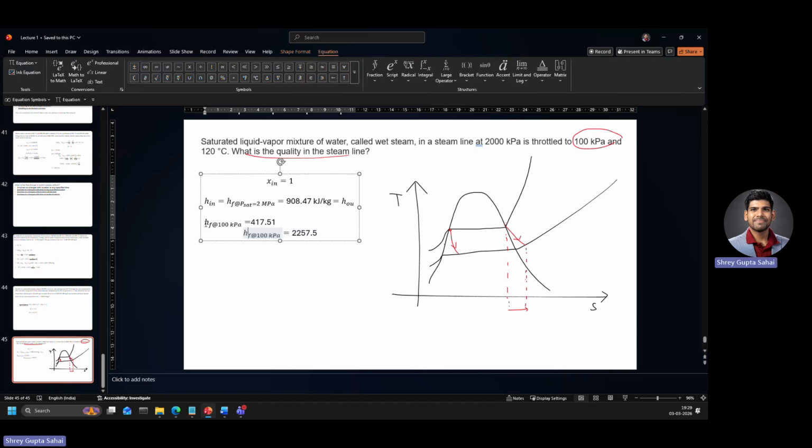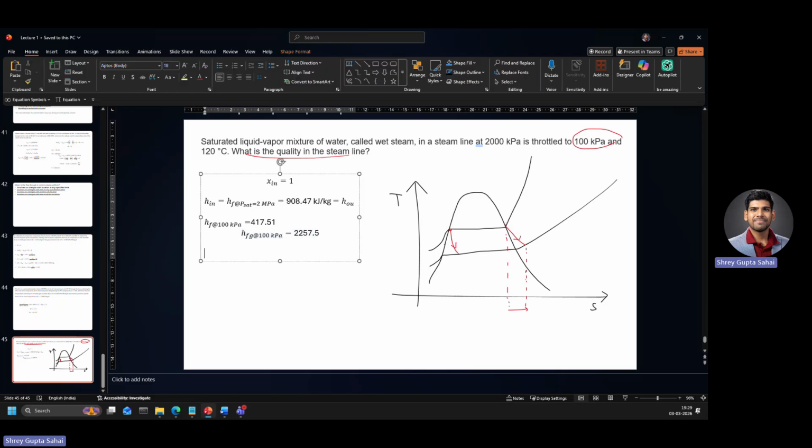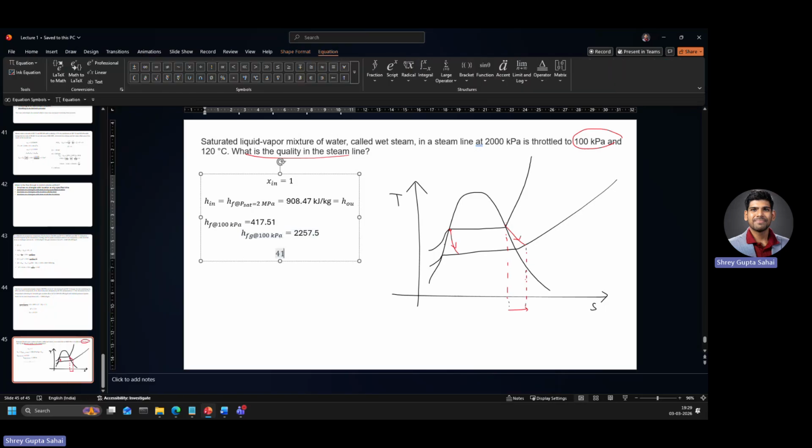Now you just need to substitute X to find this value. So essentially, you have 417.51 plus X times 2257.5 gives you 908.47. And so you just calculate this for X. That's it. You're done.